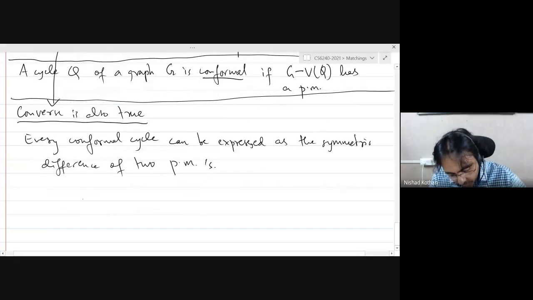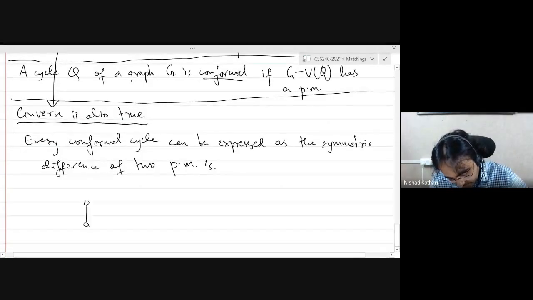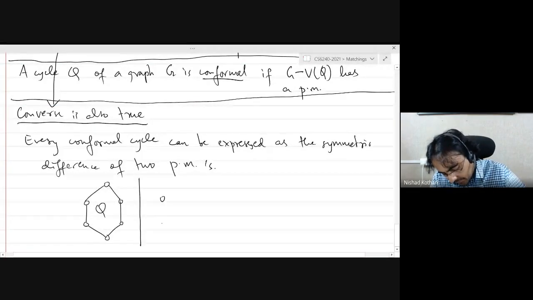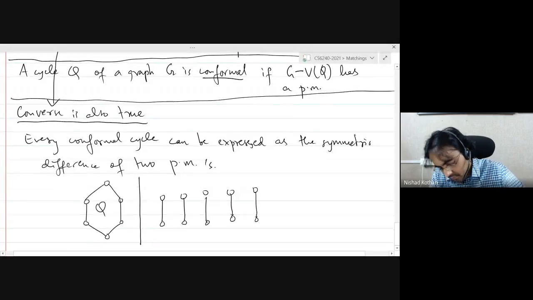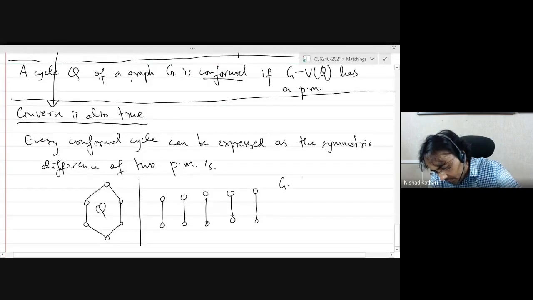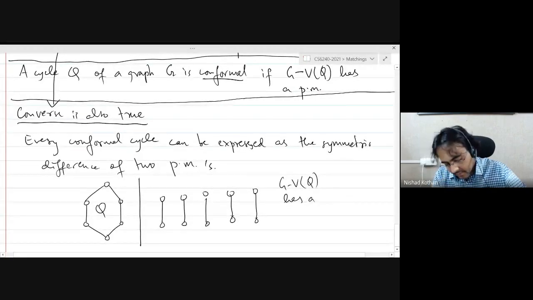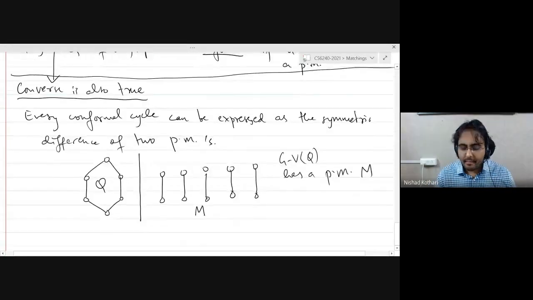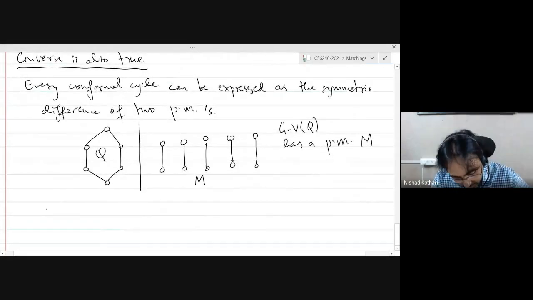So supposing I give you a conformal cycle, supposing I tell you that here is a cycle that is conformal. What that means is that in the remaining graph, there is a perfect matching. So this is a graph G minus vertices of Q has a perfect matching. Let's say M. Then I claim that Q can be written as a symmetric difference of two perfect matchings of the graph G.